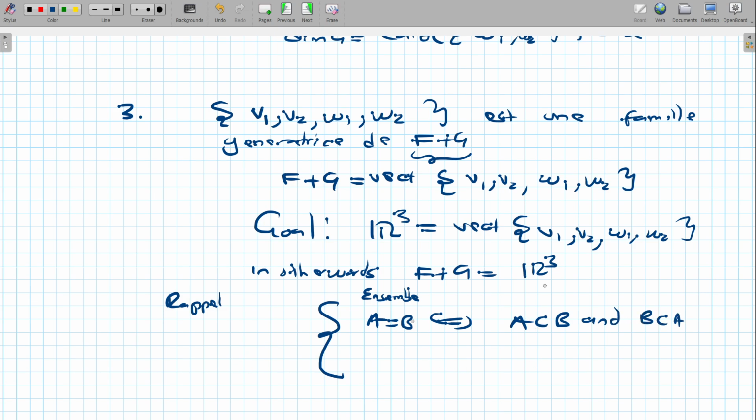However, here you can do the same thing if you want. You can show that this F plus G is included in R3 and that this R3 is included in F plus G. However, we won't use this method.